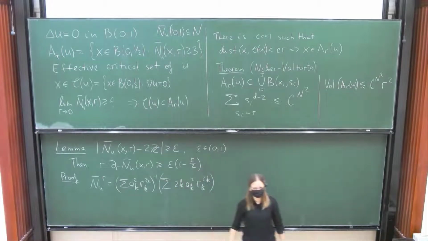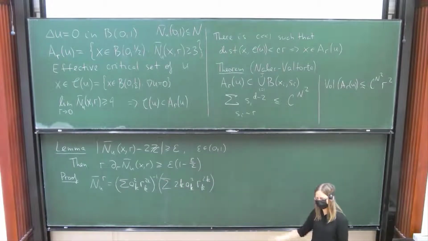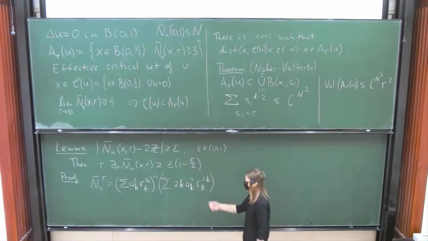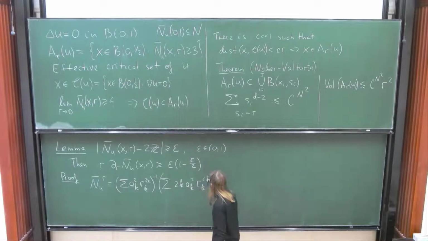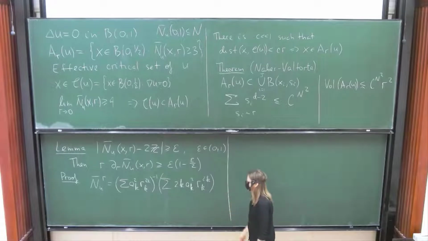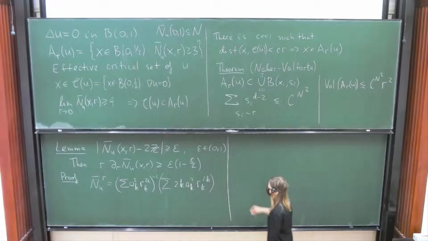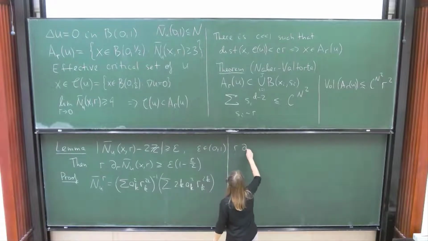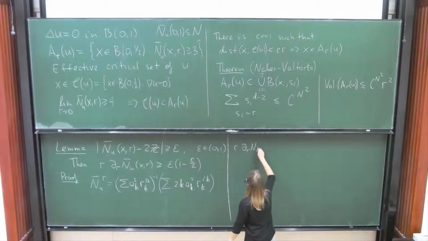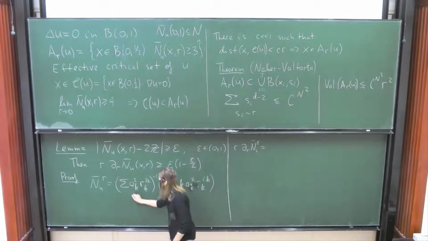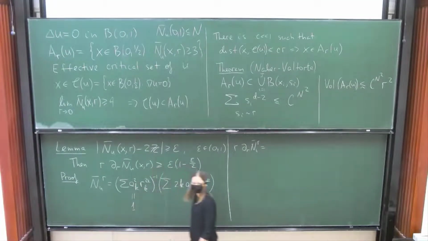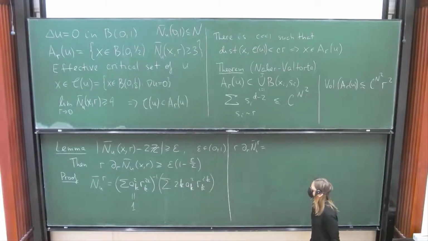I don't know if you checked for yourself that it's increasing. We will see it right now. Take the derivative of this one times r. And let me assume that for my particular r, the normalization is such that this is 1, so I don't write it here.